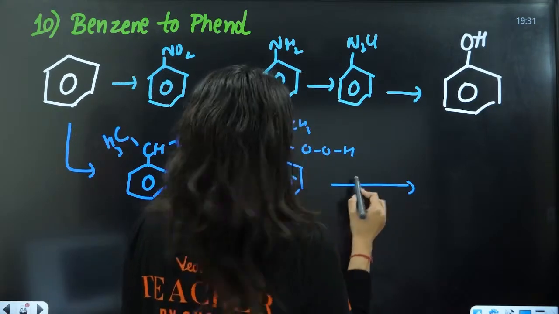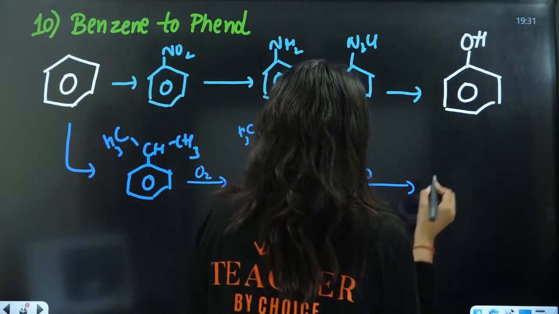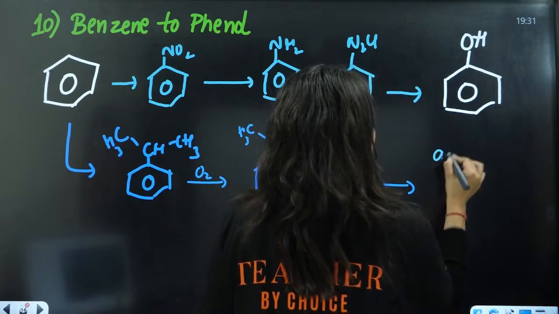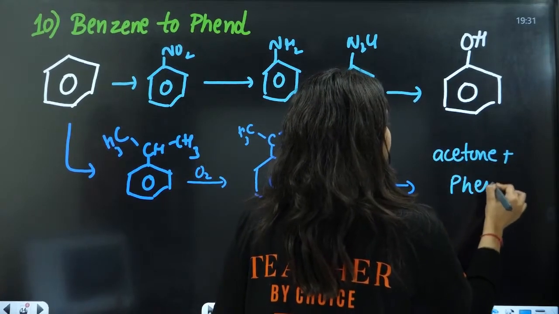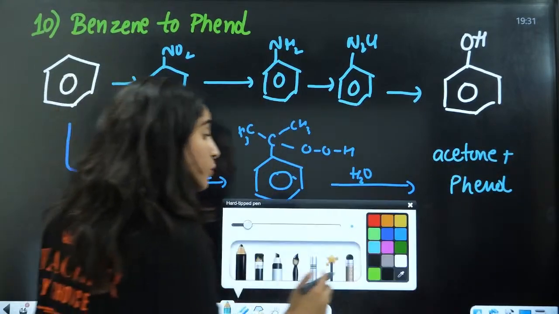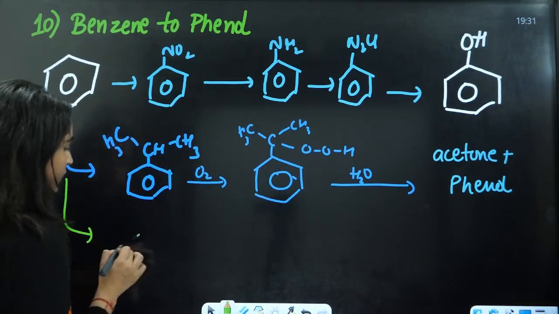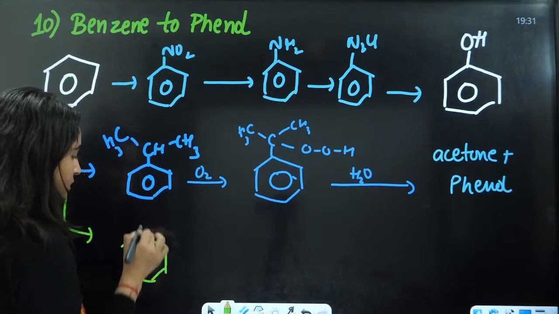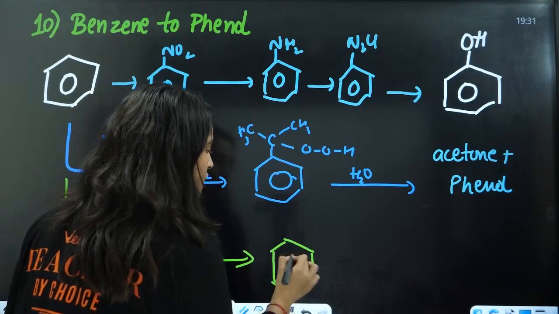Then you need to hydrolyze it, and then you will have the acetone and phenol here. Right? There are so many other ways also. You can convert it into chlorobenzene here, then convert it into phenol by Dow's process. Right?